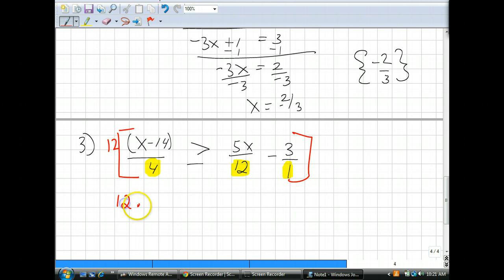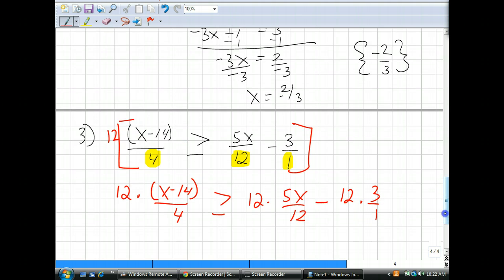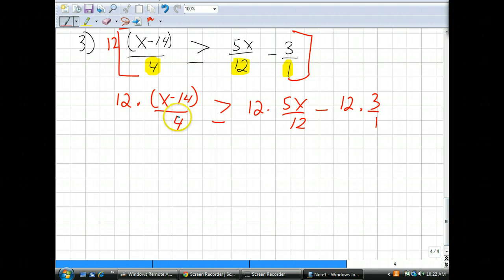So we're going to take 12 times x minus 14 over 4, and 12 times 5x over 12 minus 12 times 3 over 1. So now we reduce. So 4 goes into 12 3 times, so I have 3 times x minus 14 is greater than or equal to 12 goes into 12 once, so we get 5x, and nothing reduces here, so we just get 12 times 3.